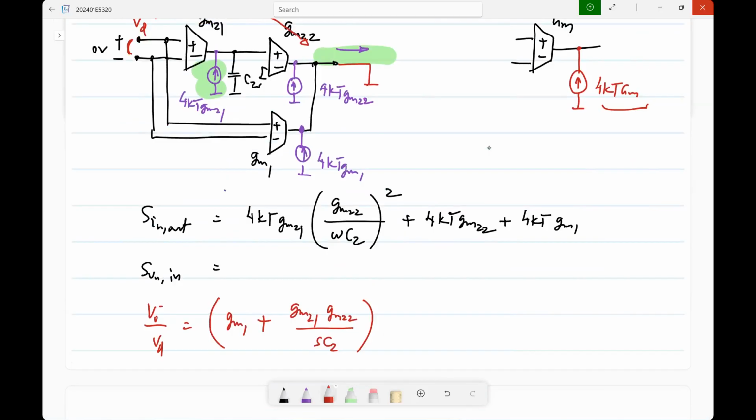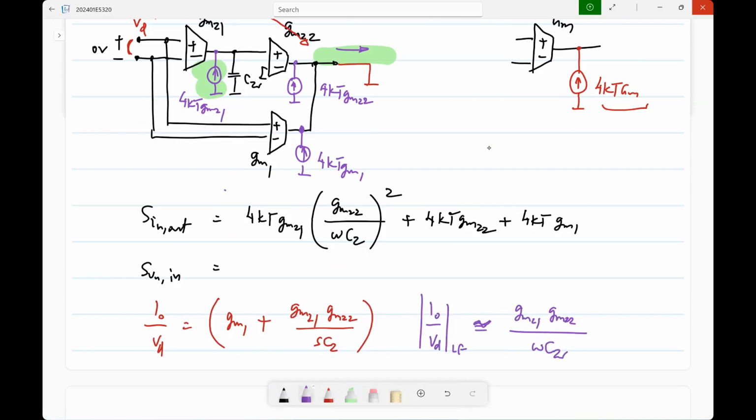That's it. No, sorry, this is the transfer function of the current output by the voltage. Okay. Now, this one at low frequencies, what is it approximately? gm21 gm22 by omega C2.